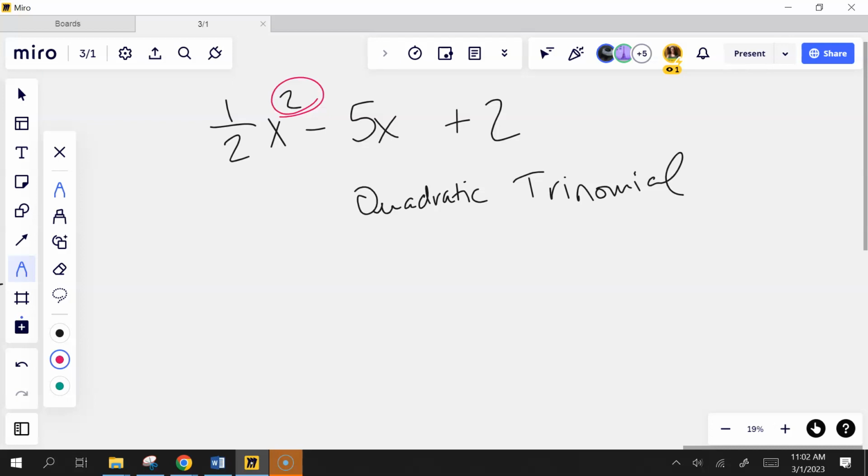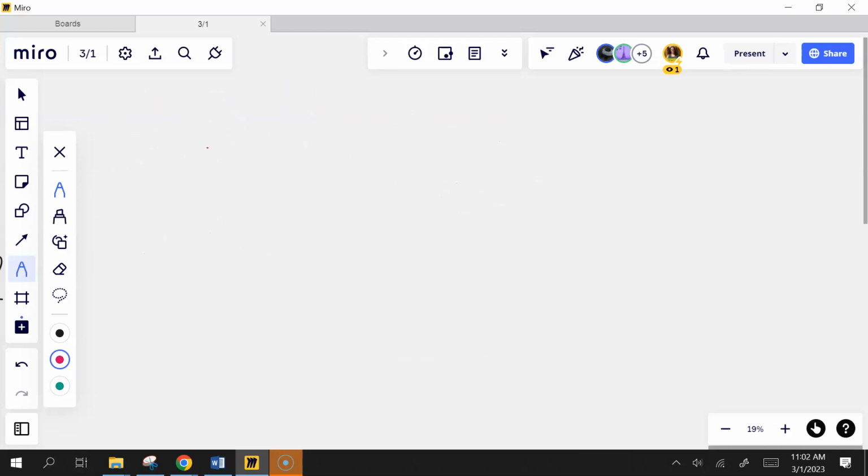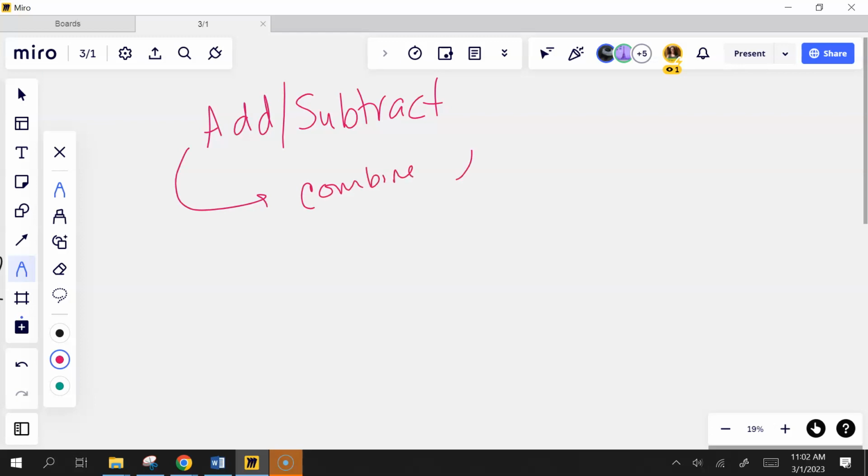All right, let's add or subtract. Add, subtract is easy. And I'm not going to spend a long time on that because all we do when we add or subtract is we combine like terms. That's it.